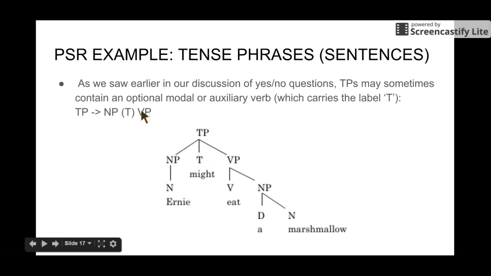So sometimes we can have an optional modal or auxiliary verb, which carries the label T. For example, in this case, might is the head of T. So the TP rule would be like this: TP consists of NP, an optional T, and then VP.